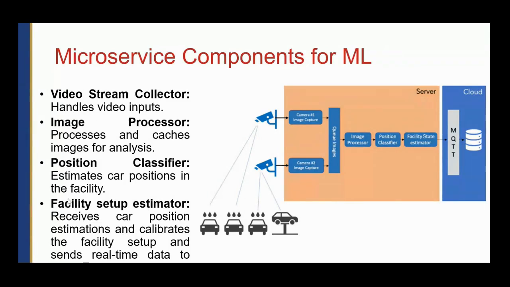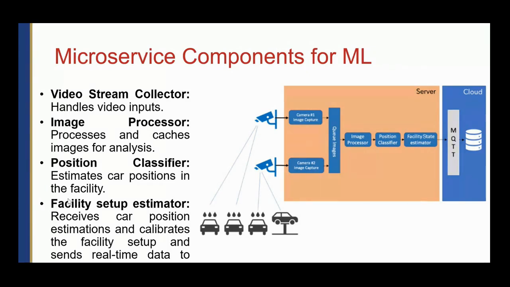And next we are going to see the specific microservice components for the machine learning models. Each machine learning microservice component has some machine learning: a video stream collector, an image processor, and a position classifier.